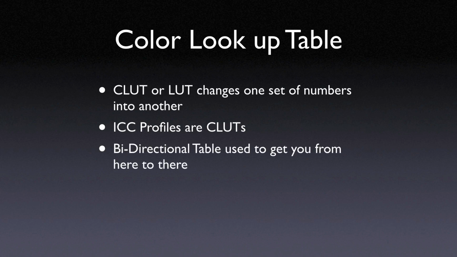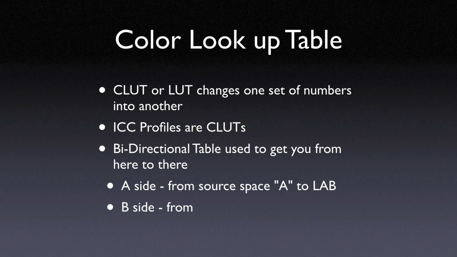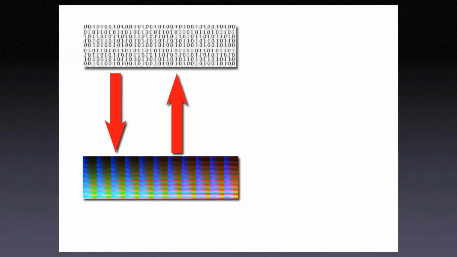The A side goes from the source color space A to LAB, and the B side goes from LAB to the destination color space B. So a profile has a lookup table that moves in two directions, to LAB and from LAB.